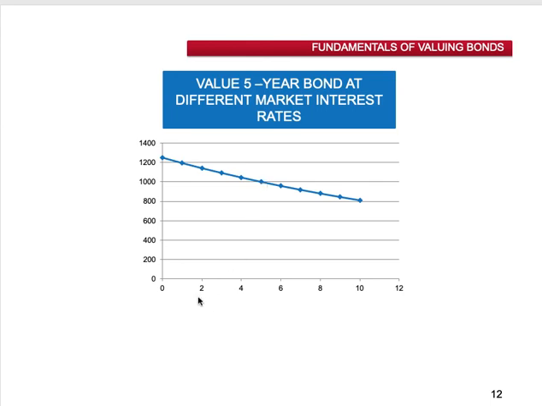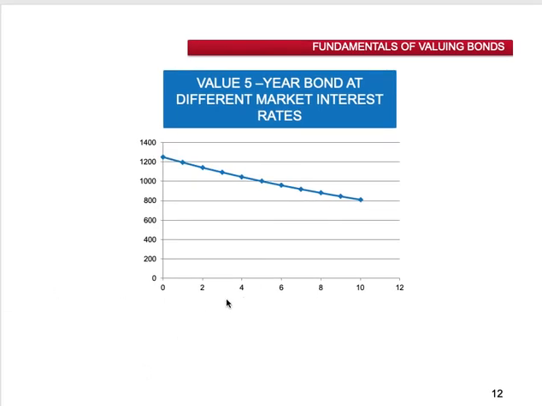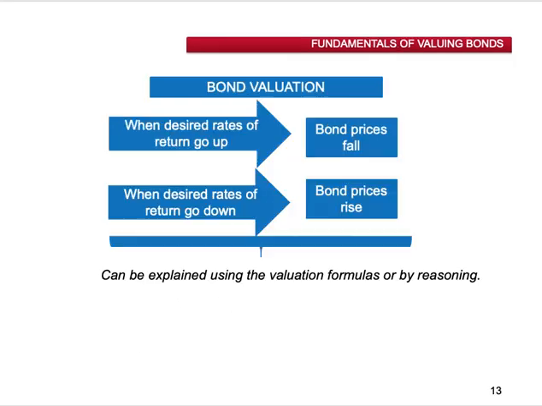So if the yield is going up, it has a negative impact on the bond price. And of course the other way around, so when the yield is going down, the price of the bond goes up. So here again the two major lessons: if rates go up, bond prices fall, and if rates go down, bond prices rise.